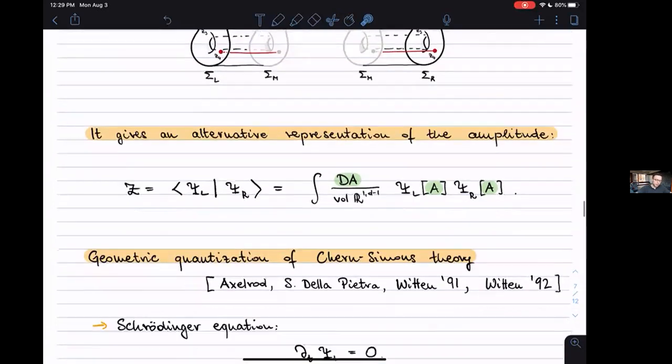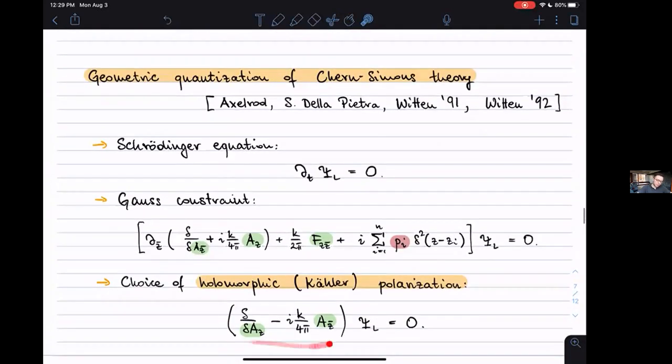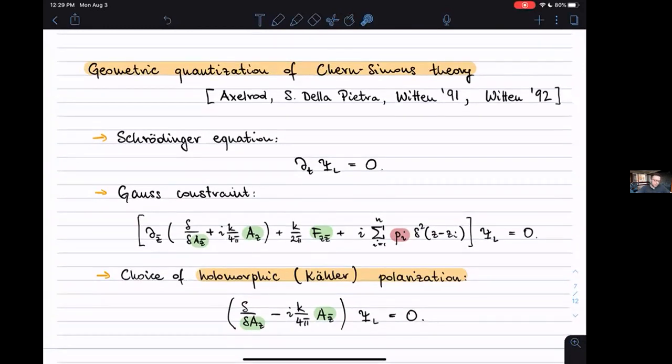And of course, you might wonder what happens if you make some other choices. There are various choices that people consider. One of them would be what is called real polarization, which most likely gives you a different type of loop momentum, and that is most likely the one given to us by Dokker and Fong.